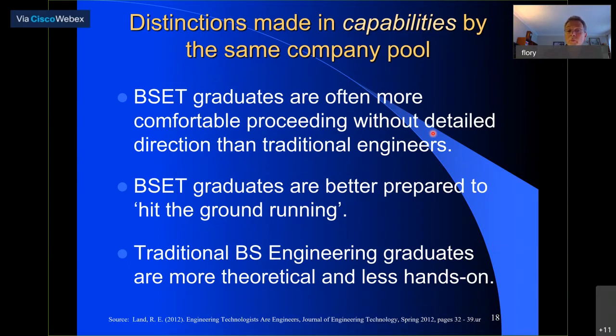BSET graduates are better prepared to hit the ground running. That term was used multiple times. And traditional BS engineering graduates, which is the engineering science side, are more theoretical and less hands-on. So these were inputs that were offered to the survey repeatedly between the engineers and the engineering technologists.